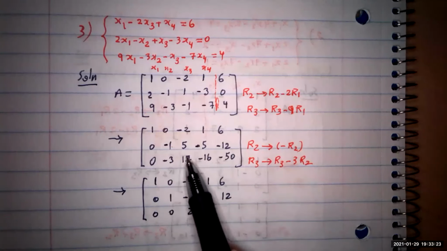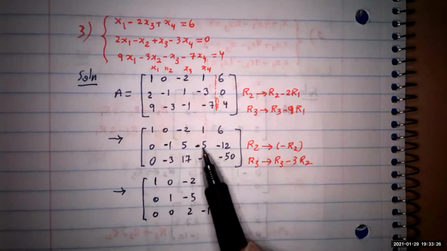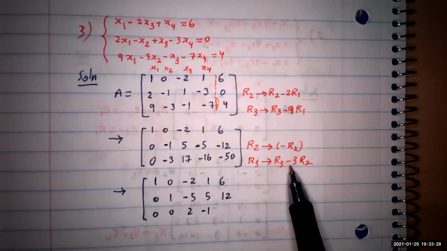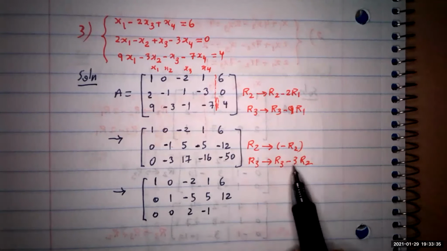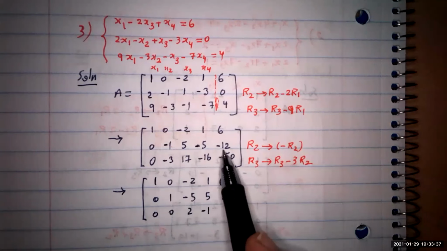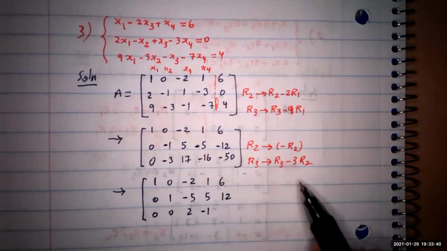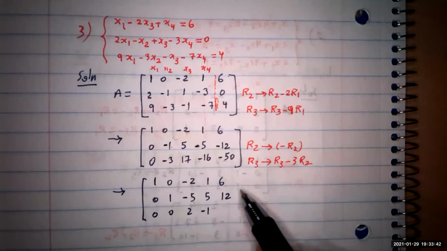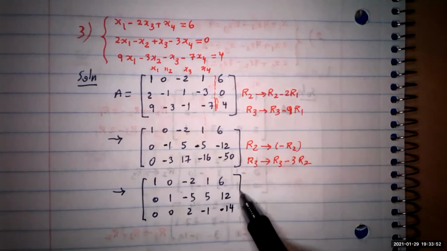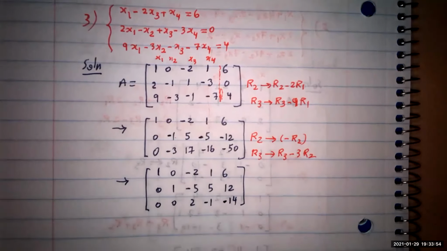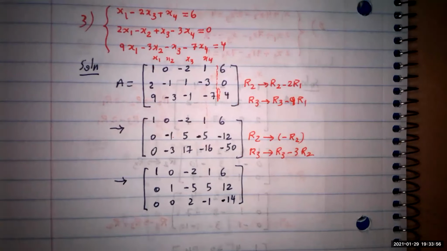That was the one. Negative 15, positive 2. So that's going to be 15, negative 1. So I have the negative R2. So that gives me a positive 36. Okay, negative 3 times negative 12 would be positive 36. And 36 out of 50, that gives me negative 14. That is going to be the final answer so far.